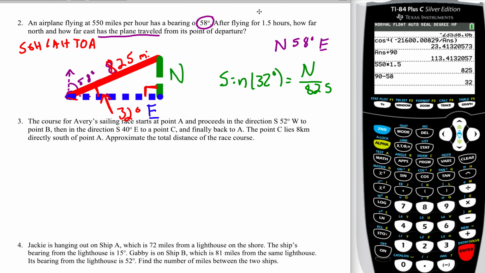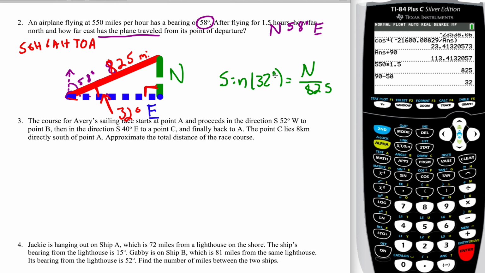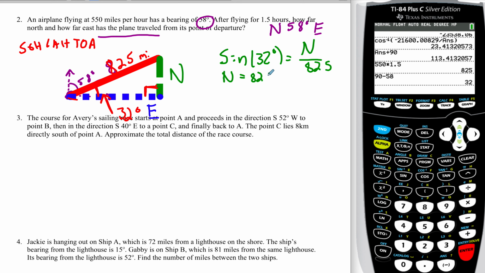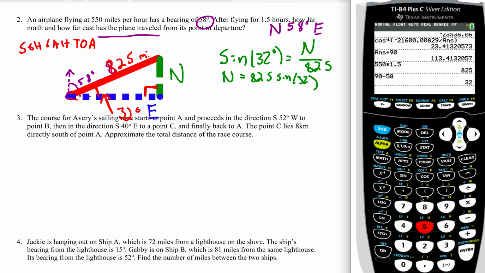So we know that the sine of 32 degrees is equal to the north amount over the hypotenuse of 825. Okay, maybe I'll move this around a little bit so I can get a little bit more room there. So what that means is that north equals 825 sine of 32. So let's do that. 825 sine of 32.